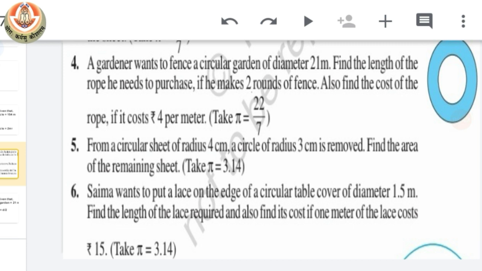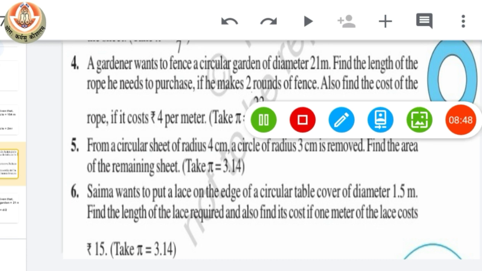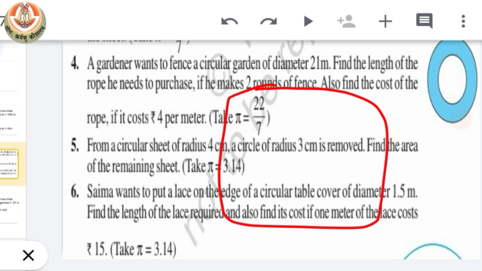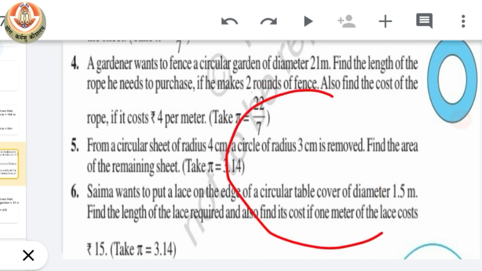Let's move on to question number 4. A gardener wants to fence. Fencing means he wants to put a boundary on the circular garden, which is of diameter 21 meter.